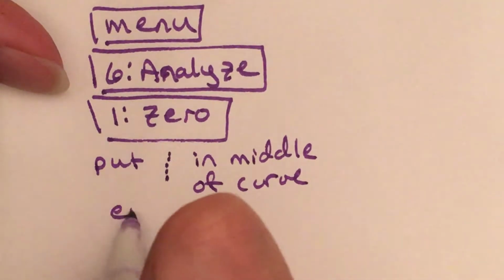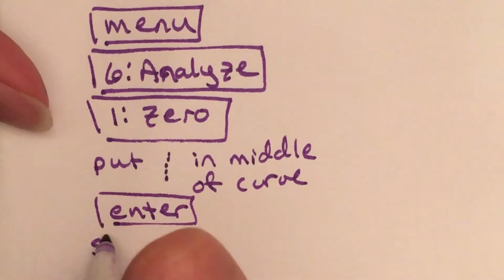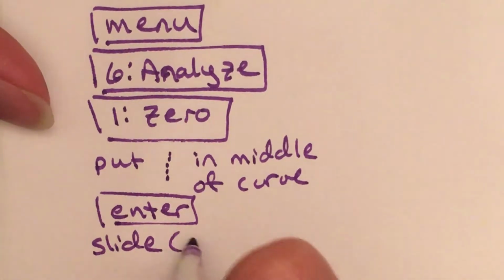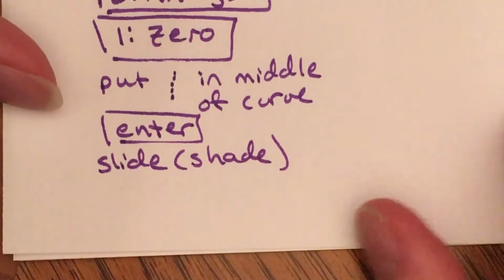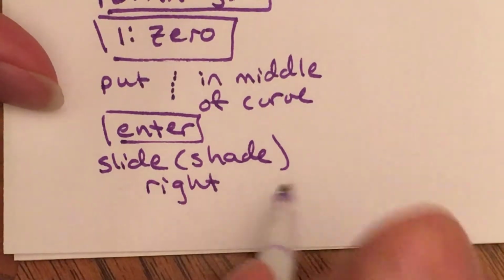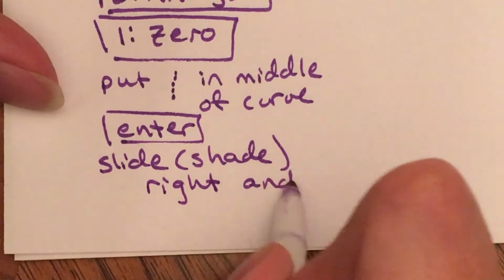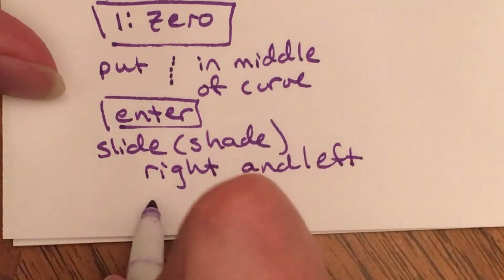Push enter. You're going to slide, which will cause it to shade right and left. Using your mouse.